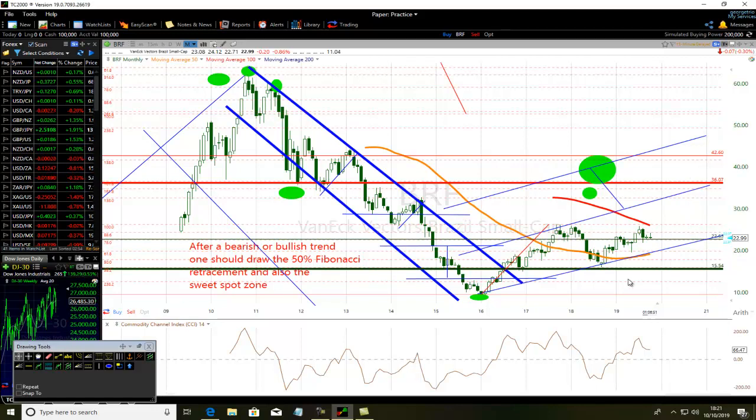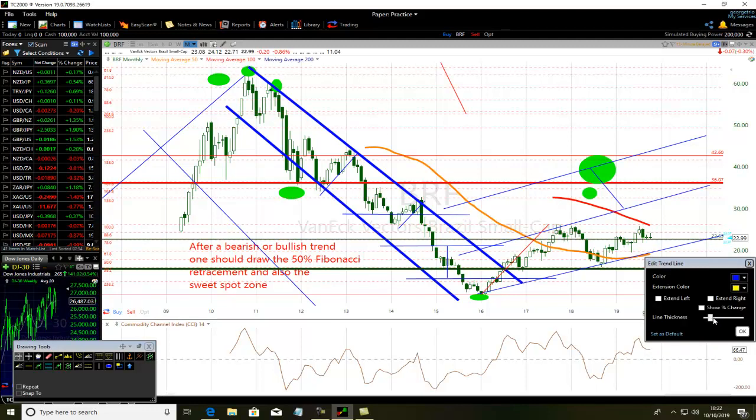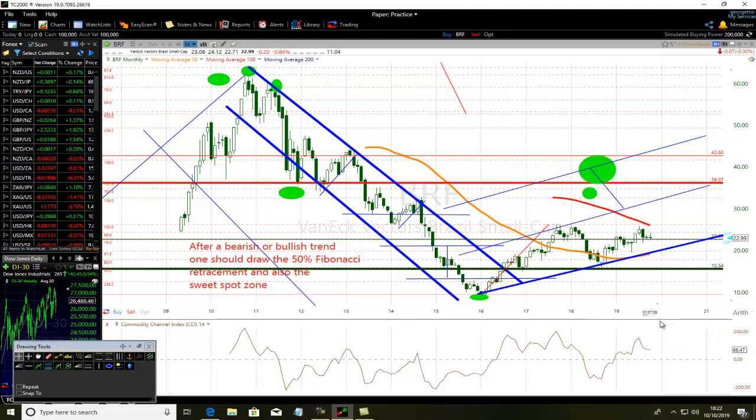And one Fibonacci trader must avoid the same Fibonacci mistake, which means trading against the trend line. You see, there's a trend line here. Trading against the market pattern when one is applying Fibonacci retracement or Fibonacci extension, especially the sweet spot zone.